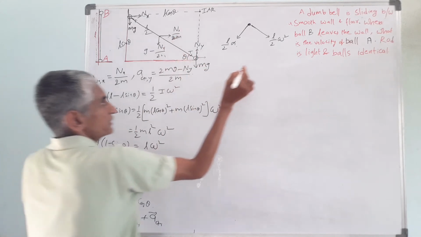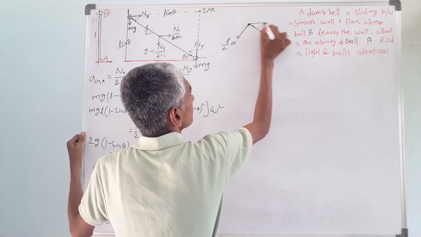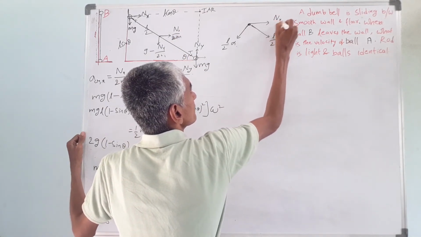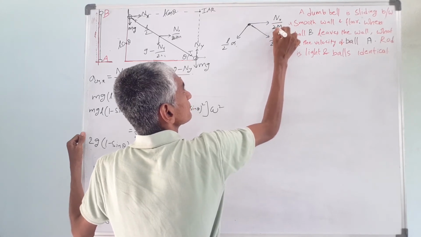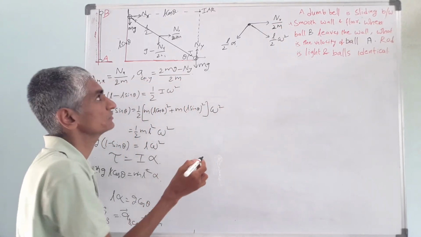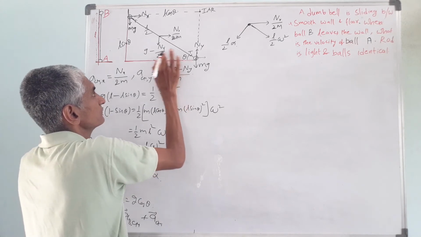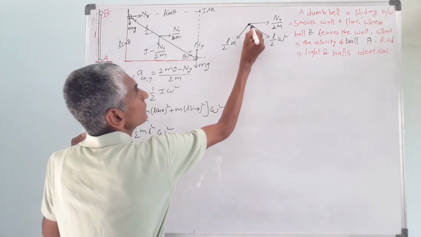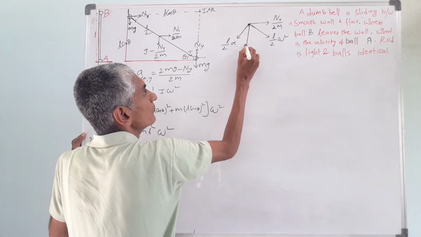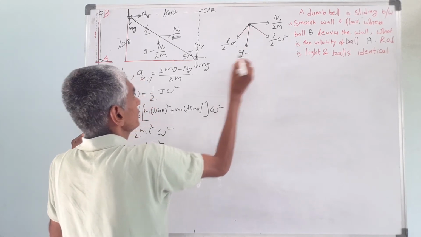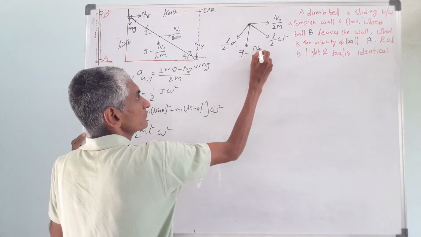That is Nx by 2m in horizontal direction. Next, g minus Ny by 2m.